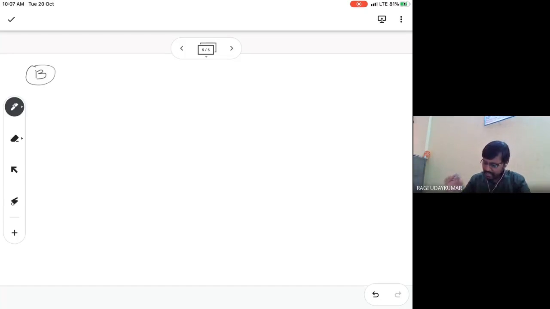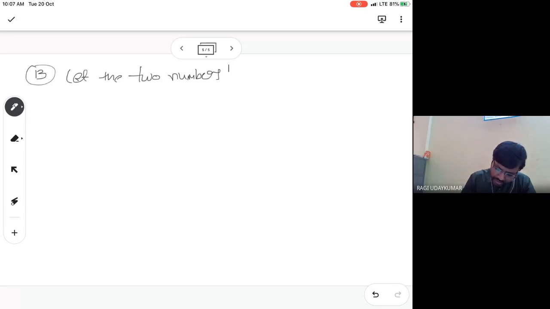So in this situation, whenever you consider a maximum value, what to write? Let the two numbers be x comma 24 minus x. I can't see the minus x.